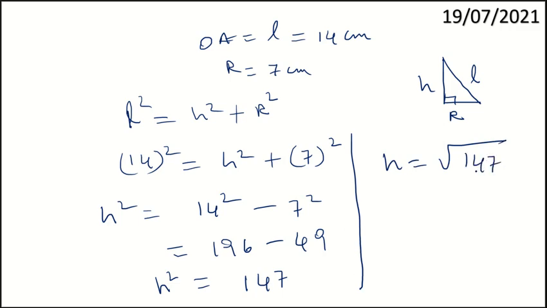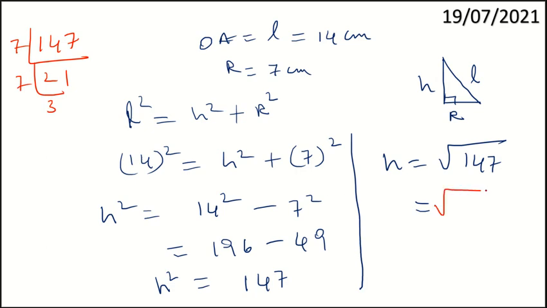Children, many have gone wrong in simplifying root under 147. Let me explain that. The mistake is when you factorize 147: 7 21s are and 7 3s are.